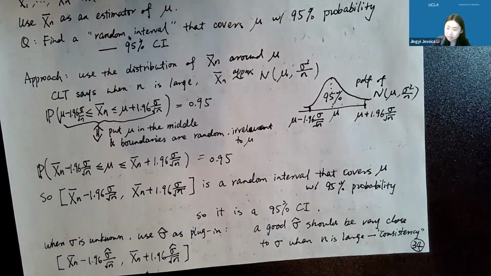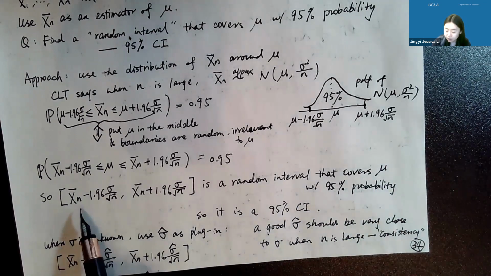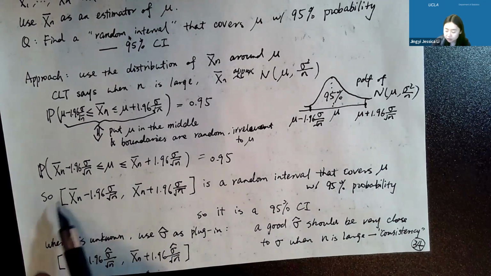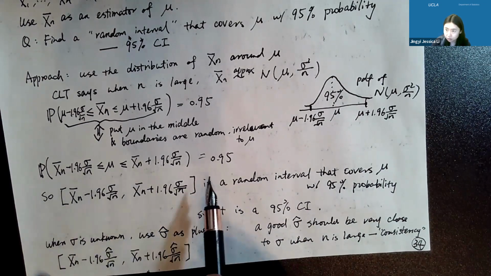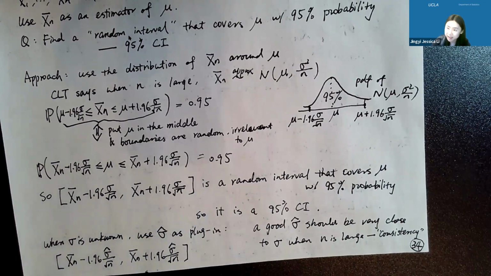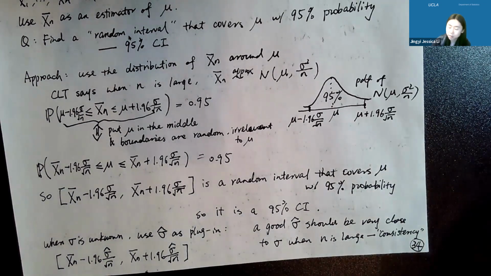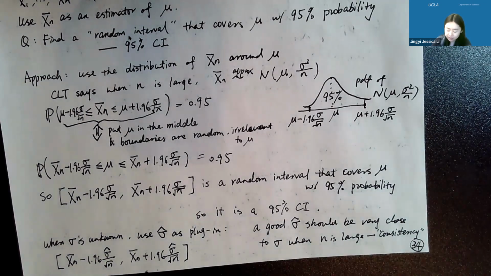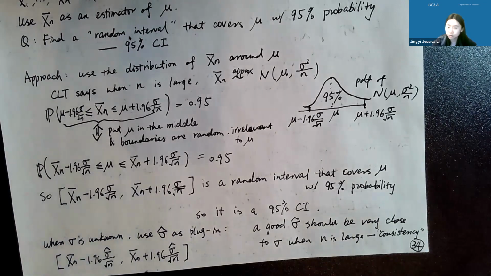So you can just say that I believe the way I construct the confidence interval will give me 95% chance that the realization covers the mu. So in other words, the 95% probability is talking about the way you construct the confidence interval. It's not about that particular interval you realize.